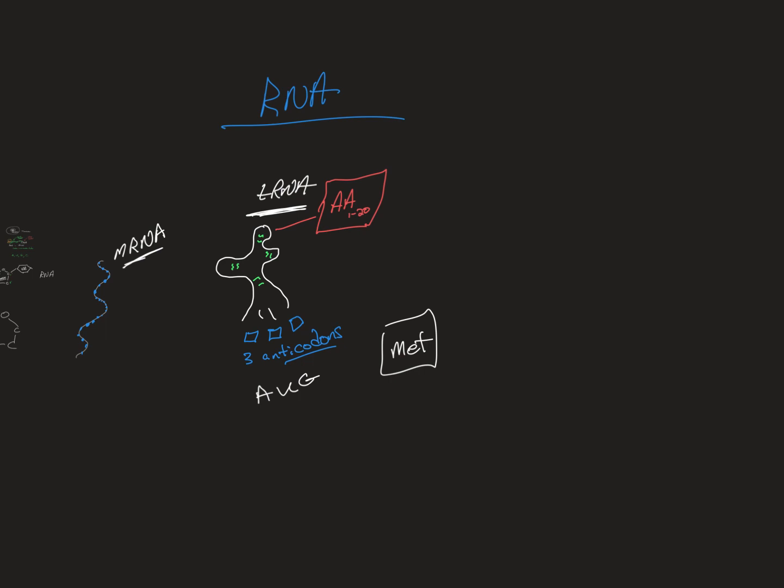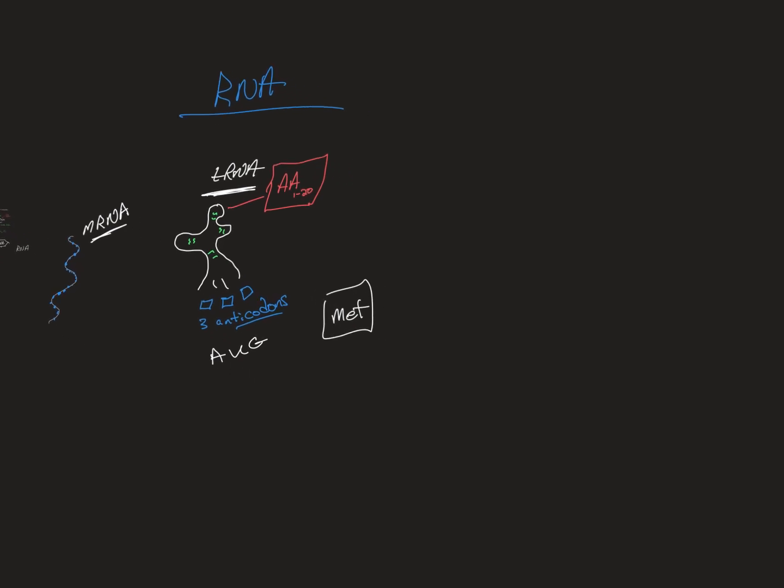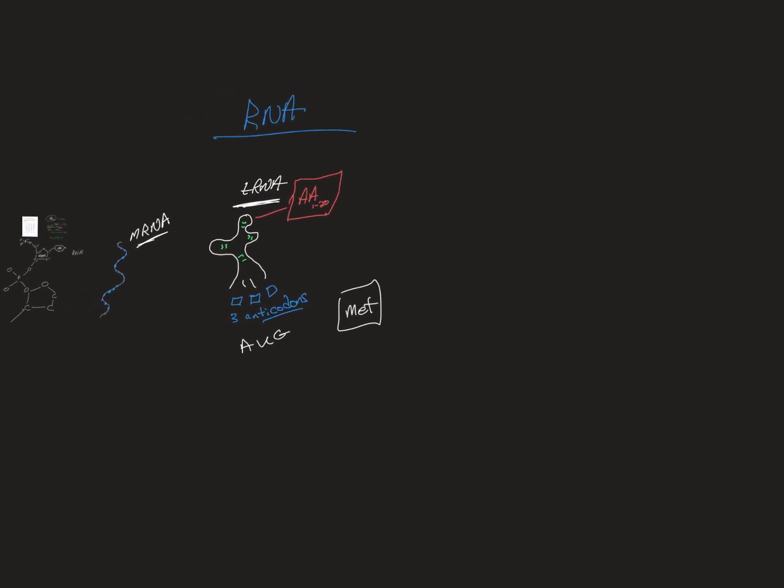So the tRNA bends and twists, and it carries amino acids from the cytoplasm over to the ribosome. There are millions of these in the cytoplasm, just floating around, waiting to find a ribosome. Then there's another kind of RNA called rRNA. Actually, rRNA has two different kinds, a small and a large.